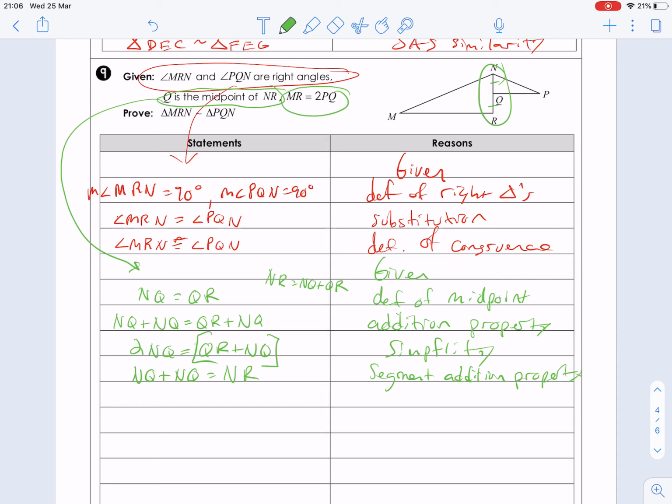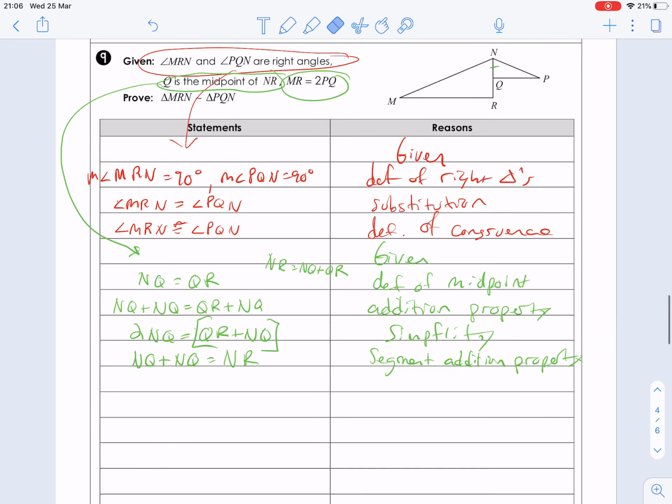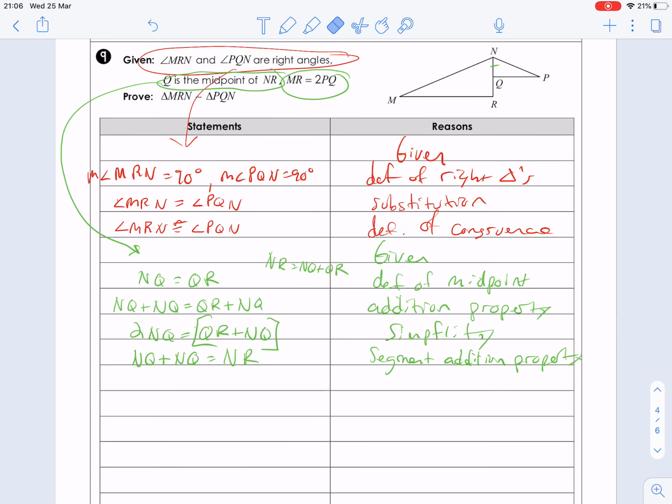So that's good to know. And then we go from there. We say 2NQ equals NR. That's just simplifying. Or we could say substitution.